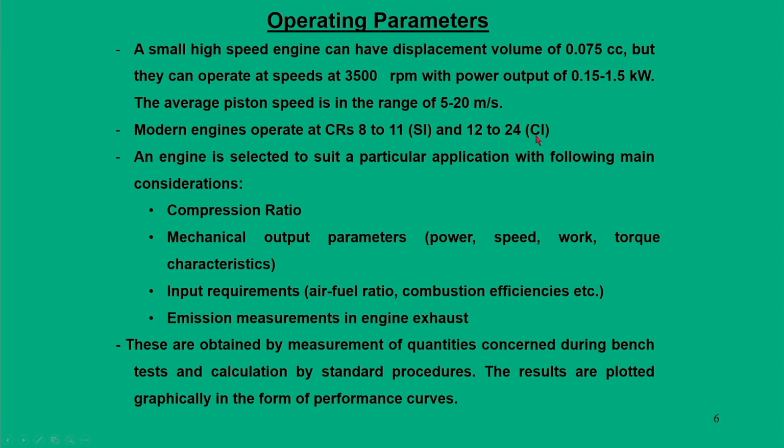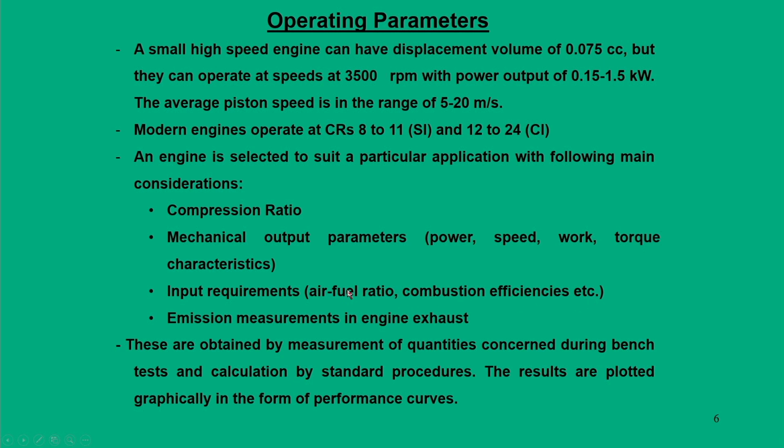Now, for this engine we need to use it for a particular application. So, when we run the engines, we expect there are some input parameters and some output parameters. The output parameters could be power, speed, work, torque, and input requirements could be the air fuel ratio, combustion efficiency.